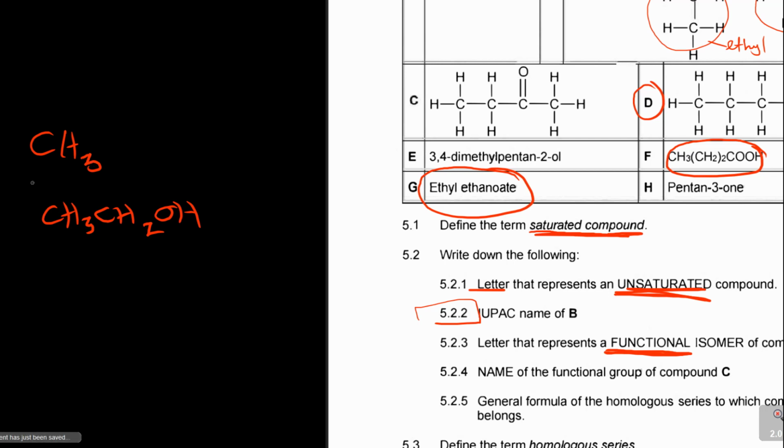Sorry, from carboxylic acid, it's ethanoate. Actually, it's CH3CH2OOH. I think it's like that. It's 1, 2, 3. Then it's 1, 2, 3. But this is 4. Ethyl ethanoate.